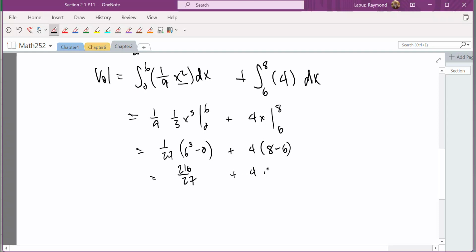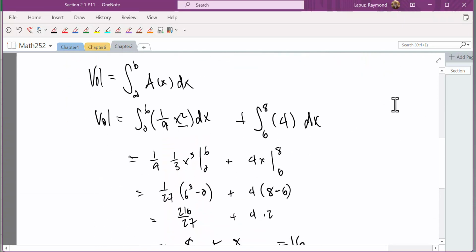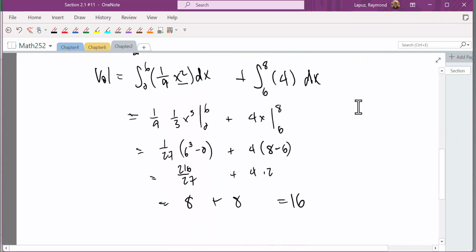This is 4 times 2, and 216 divided by 27 is 8, and this is also 8, so we have a total of 16. 16 cubic units, whatever the units are, and that should be your result.